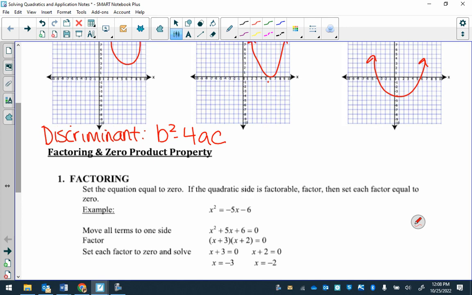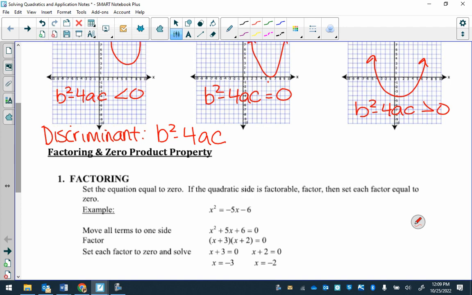Okay? So if your discriminant, b squared minus 4ac, is less than 0, there will be no solutions. Okay? If your discriminant is equal to 0, there would be one solution. If your discriminant is greater than 0, you would have two solutions.